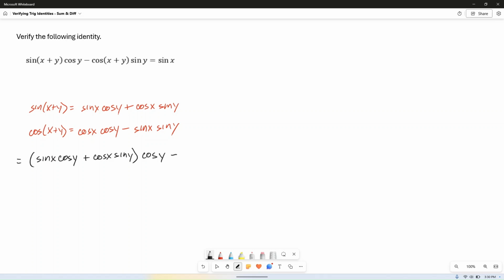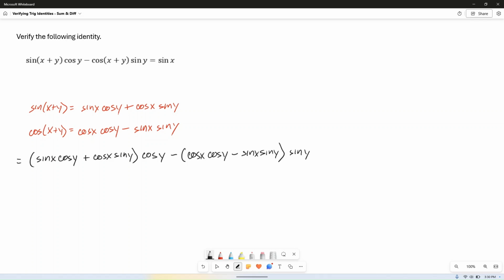Minus, I'm going to replace the cosine of x plus y with its whole identity. And again, all of that's multiplied by the sine of y. So that's going to look like the cosine x cosine y minus a sine x sine y. And all of that is again multiplied by a sine y.